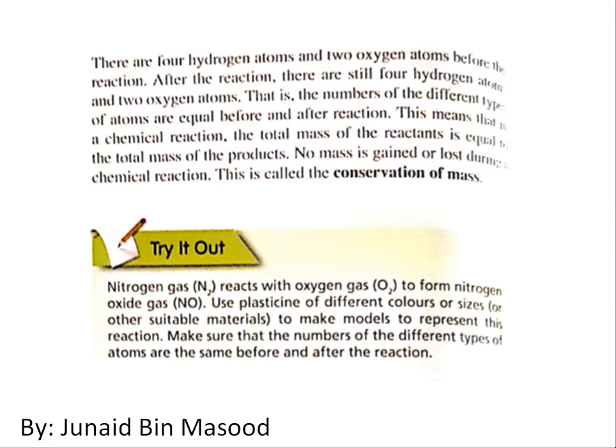The total amount of hydrogen and oxygen will be equal to the total amount of water that is produced. Okay, so no mass is gained or lost during the chemical reaction, and this is a very important point over here. This is called law of conservation of mass or conservation of mass. This is very, very important. Okay, now let's move back to your worksheet.